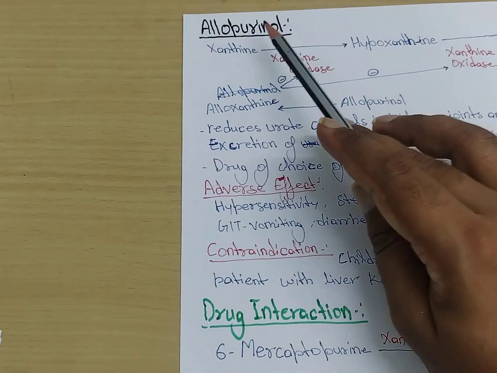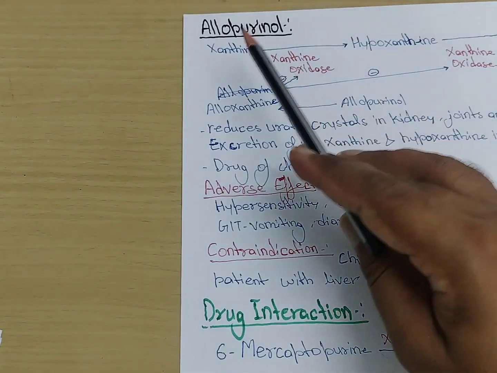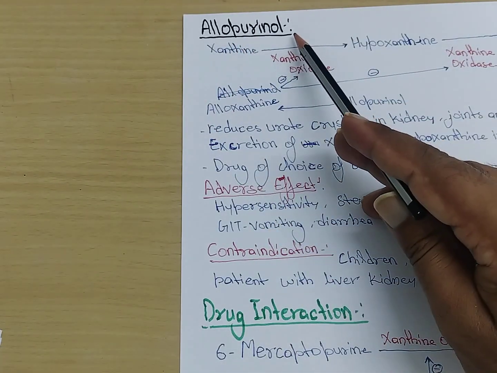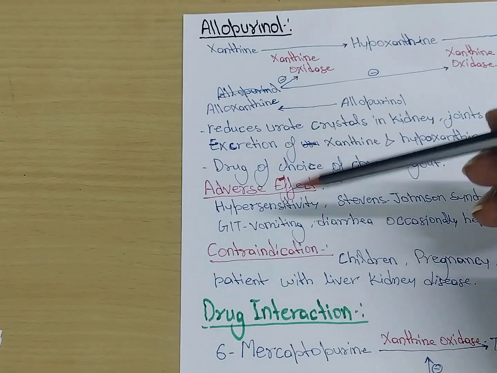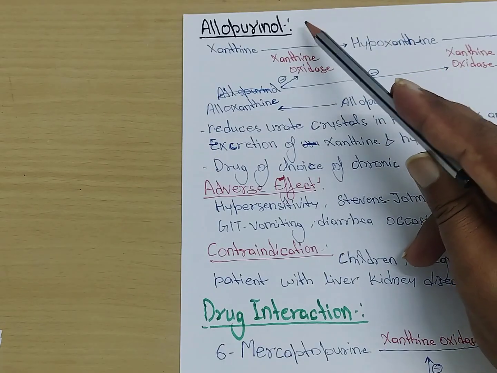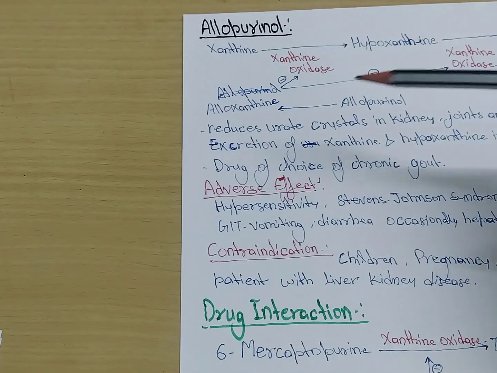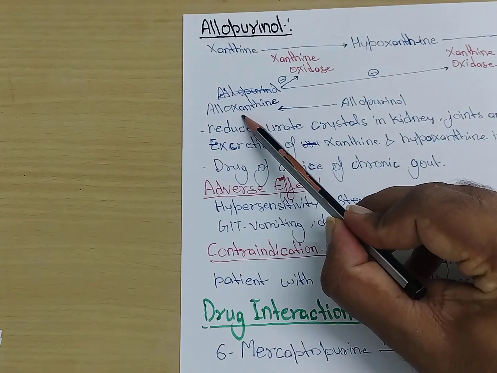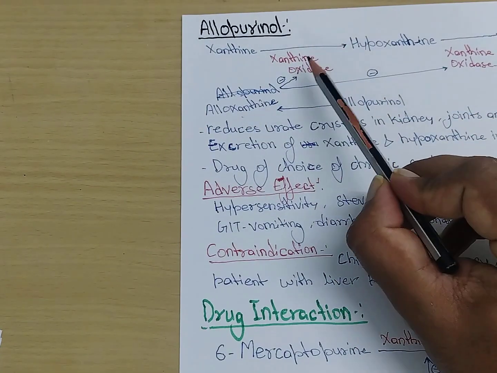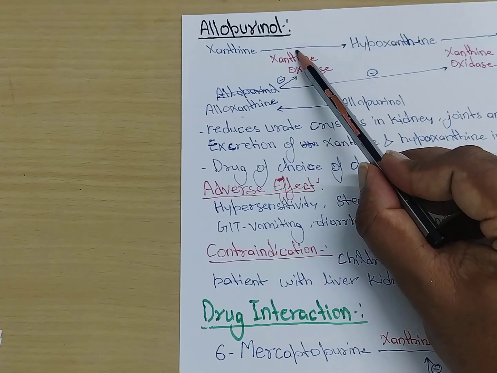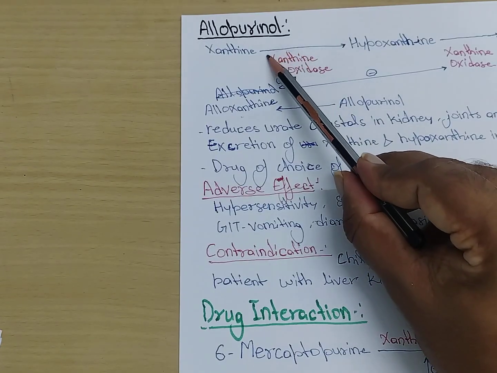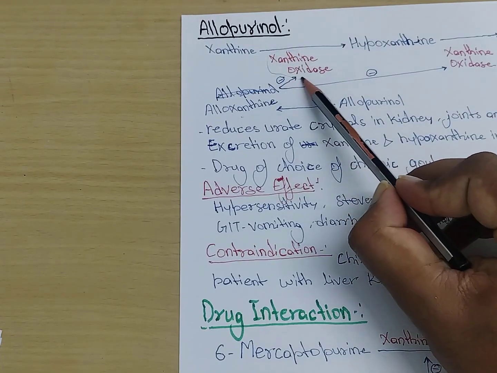Allopurinol, after being metabolized in the body, converts into alloxanthine. Alloxanthine is a competitive inhibitor of xanthine oxidase.